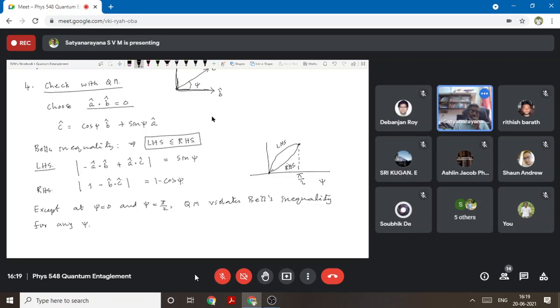That means we have infinitely many choices of a, b, c for which quantum mechanics is not obeying Bell's inequality.